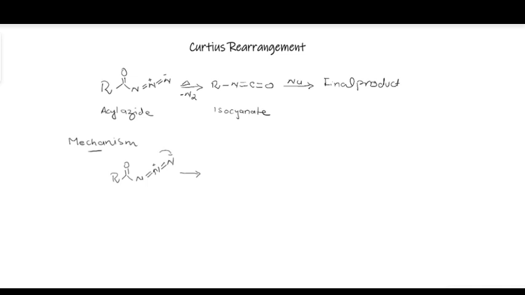So this negative charge is shared between these two nitrogens, and as a result, these two electrons are shifted towards this nitrogen. And as a result, we get another intermediate in which now this nitrogen has a negative charge.